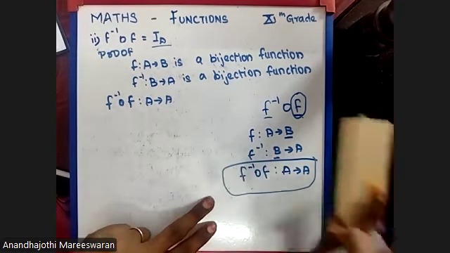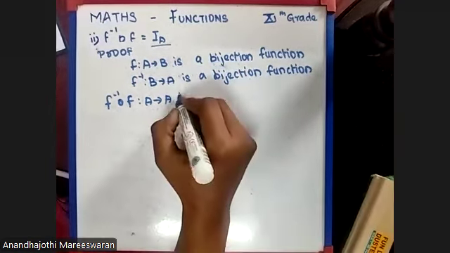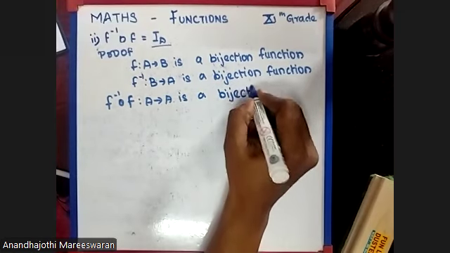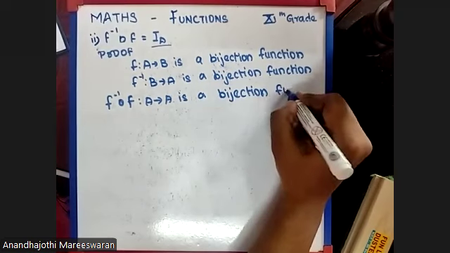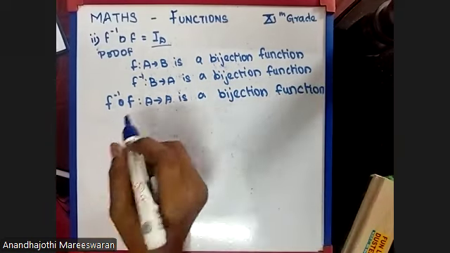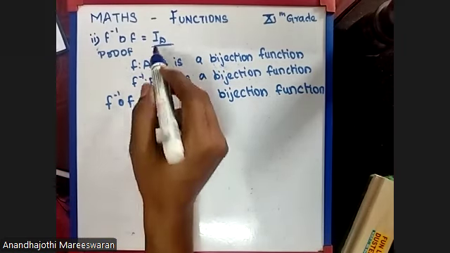Is it clear? Okay. It's a bijection function. Right? What do we have on the other side of this equation?